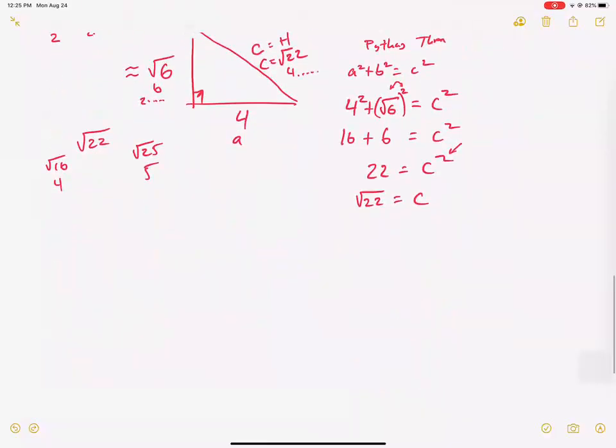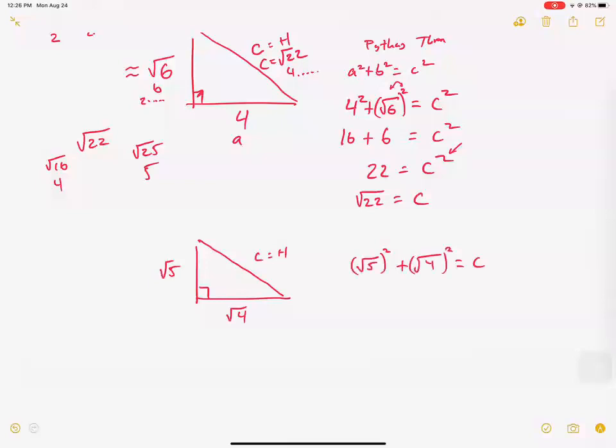So let's do a quick problem where all our sides are roots. If this is root 4, root 5, what would my hypotenuse be? So we would set it up. Since it is a right triangle, we can square the legs. Square root of 5 squared plus square root of 4 squared is equal to c squared.